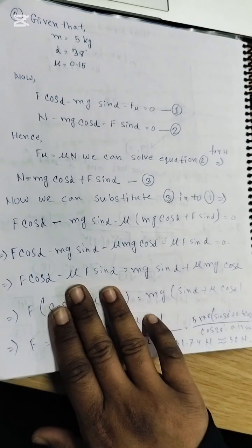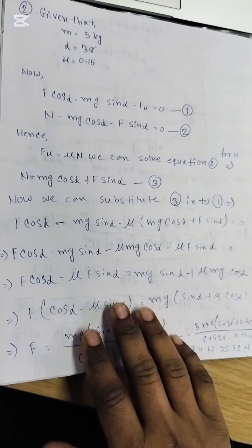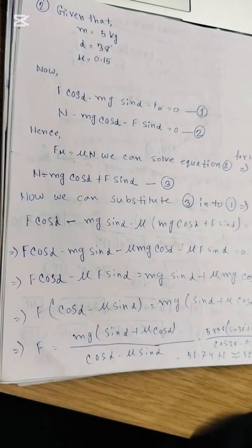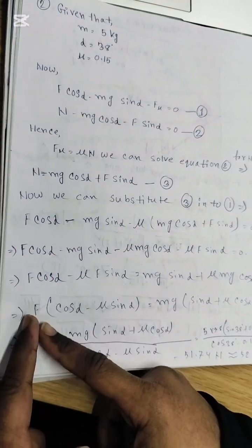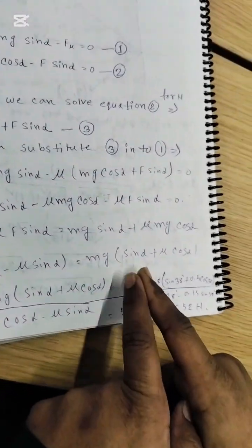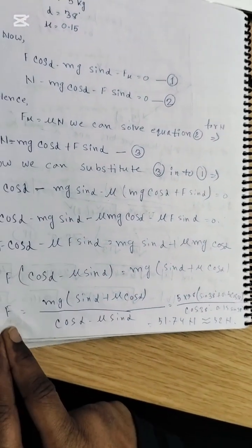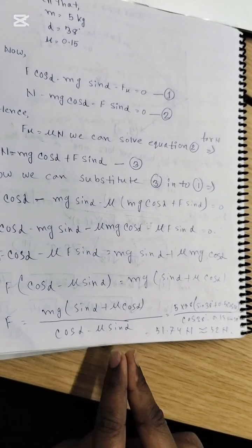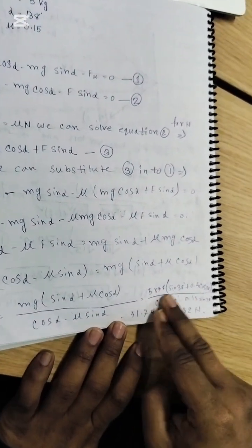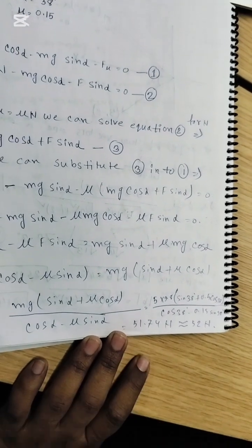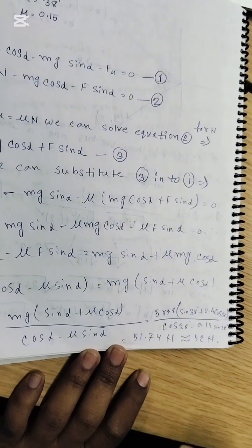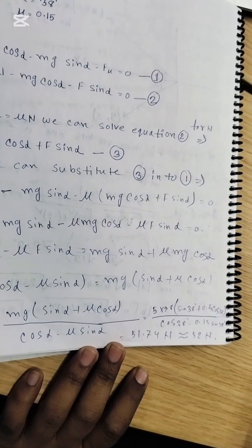Here we put the f terms on one side and the mg terms on the right side, and we take f common on the left and mg common on the right. So ultimately f is equal to mg into sin alpha plus mu cos alpha, divided by cos alpha minus mu sin alpha. Putting in the respective values, we find f is 51.74 Newton, which is approximately 52 Newton. Thank you.